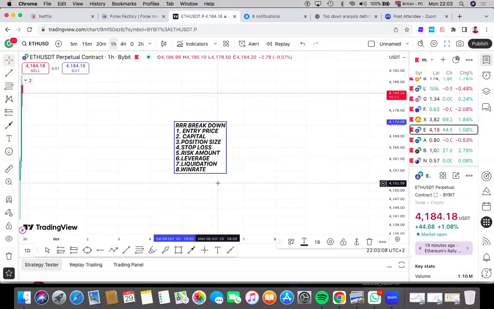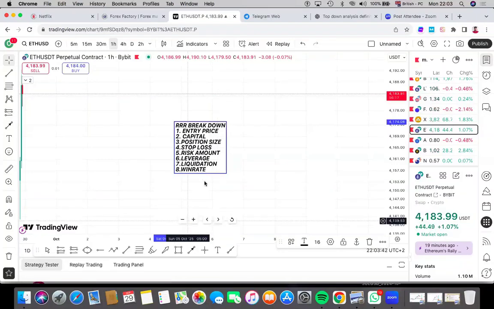For example, if you are trading and in a row you make 3 losses and 7 wins, your win rate should be around 70%, out of 100. Because you are winning more than you are losing. That is the amount of time you are winning against the time you are losing.